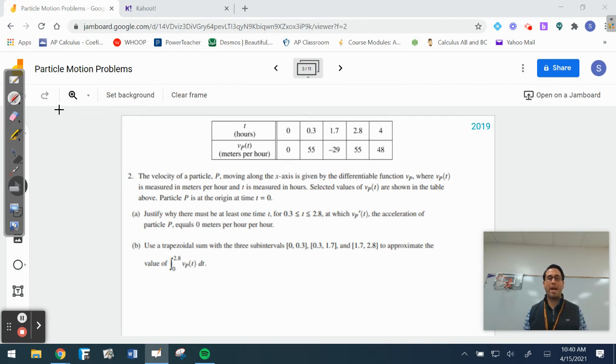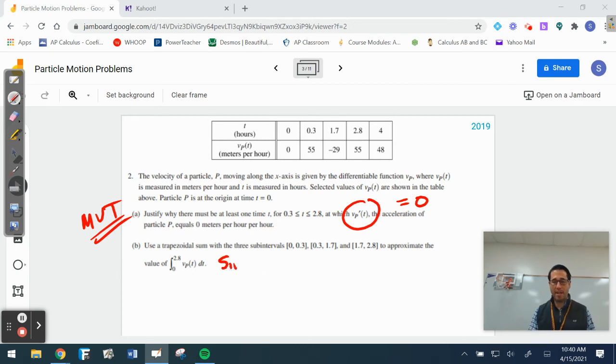Justify why there must be at least one T. Right when I see that ding, ding, ding, MVT, right? Justify why there must be at least one, and then they take a derivative that equals 0. Ding, ding, ding, 100% MVT.